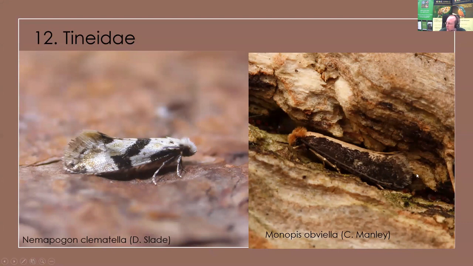There's quite a few tineids. This includes your clothes moths and things like that. And they can be quite tricky, but there's some that are really easy. So Nemopogon clementella is a really distinctive moth. Once you've realized it's not a Tortrix, it is this Nemopogon, which feeds on wild clematis. Yeah, you're getting there.